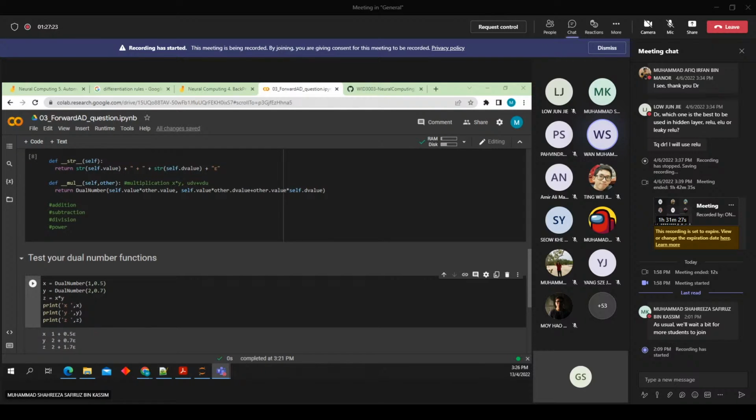So that means for division, we'll take the quotient. If we take, for example, division, we'll apply the quotient rule for the division. Yes, it's good.